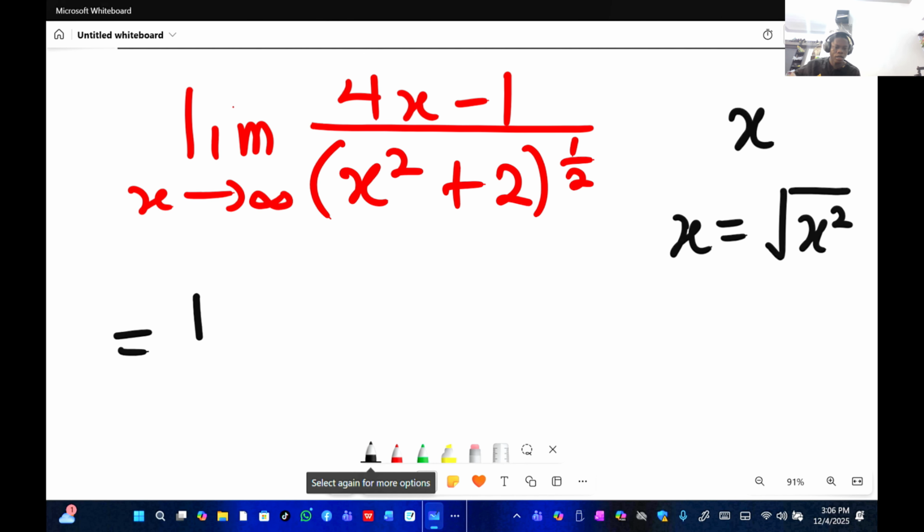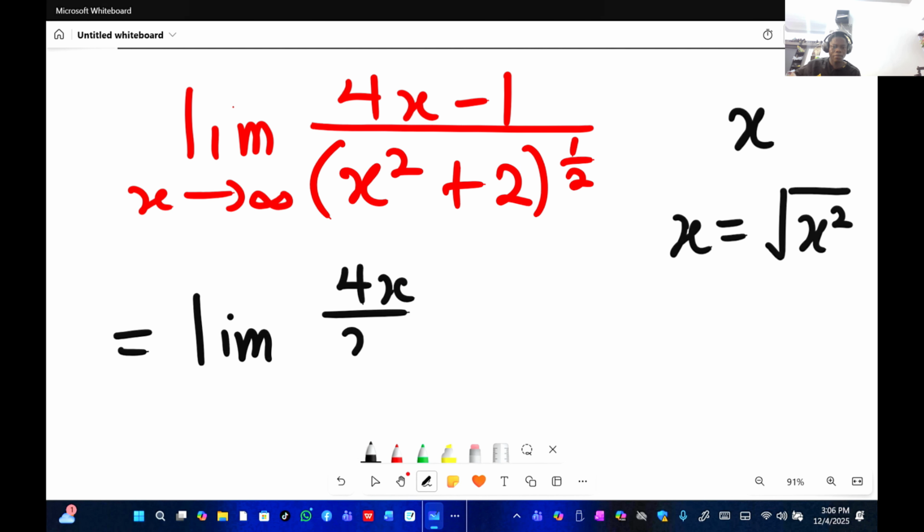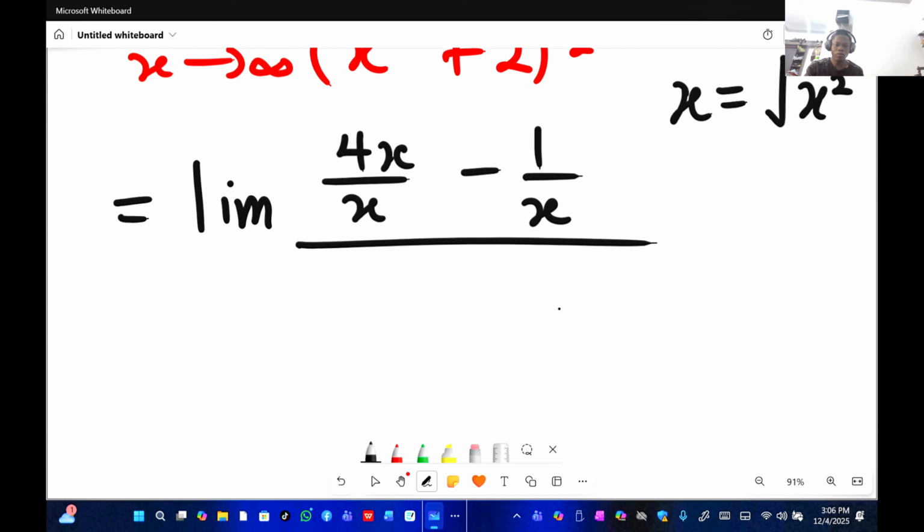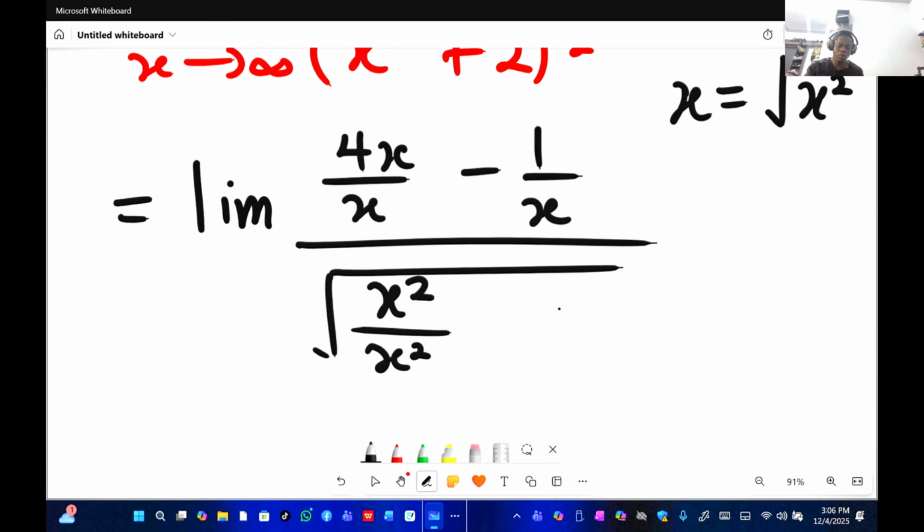So we are going to get the limit of 4x divided by x, minus 1 also divided by x, all over, I'll bring back my square root, all over x squared divided by x squared, because x squared inside the square root is the same as x, then plus 2 also divided by x squared, as the input approaches infinity.